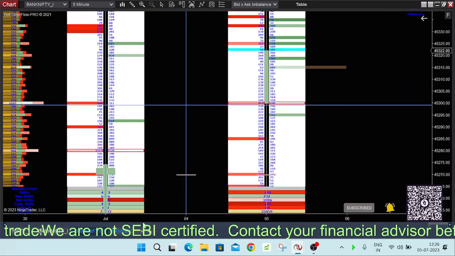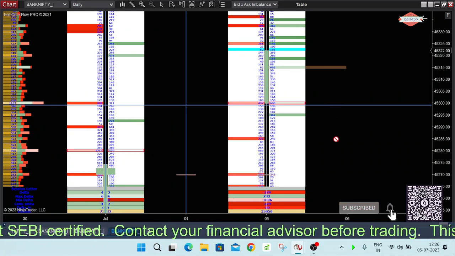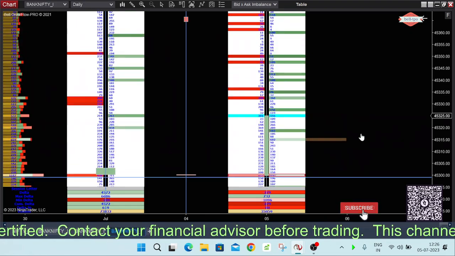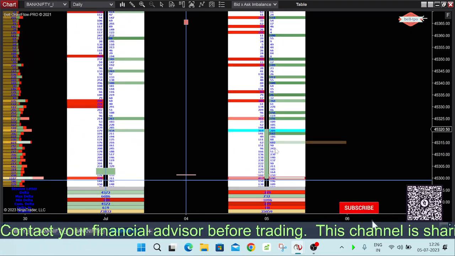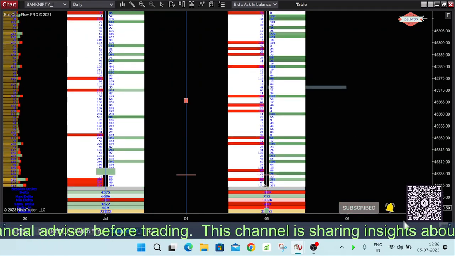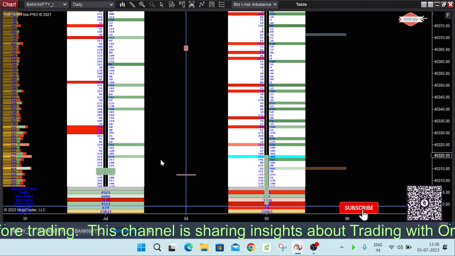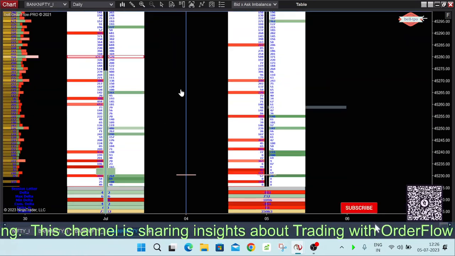This is the daily candle chart, and this is today's candle. You can still see so many orders pending. Most of these orders will be covered.